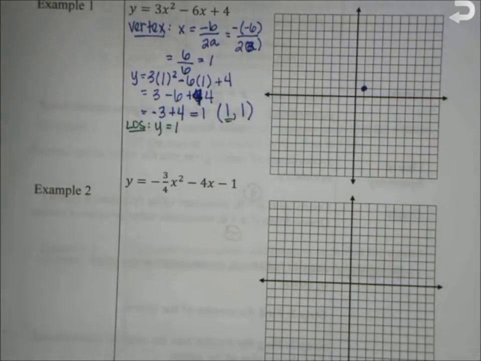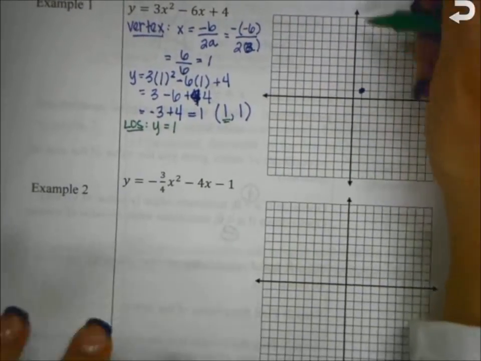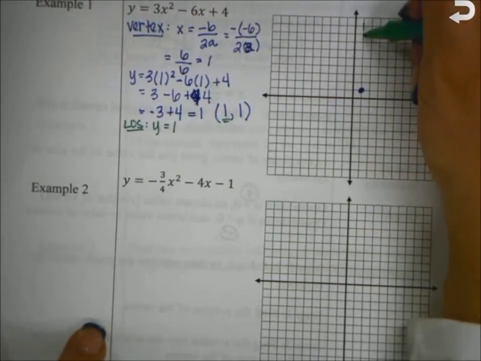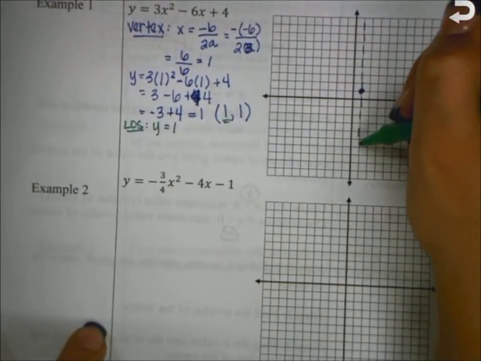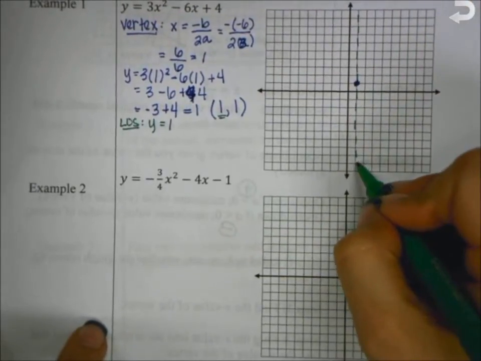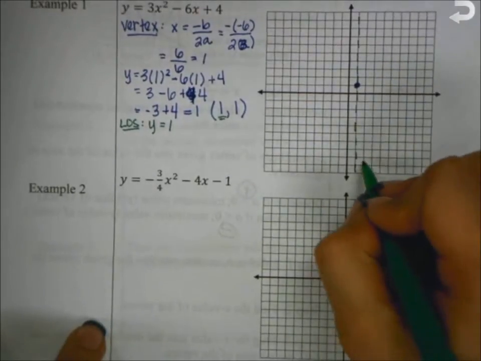So let's draw the line of symmetry right now. It's going to be a vertical line. Let's label it LOS y equals 1.